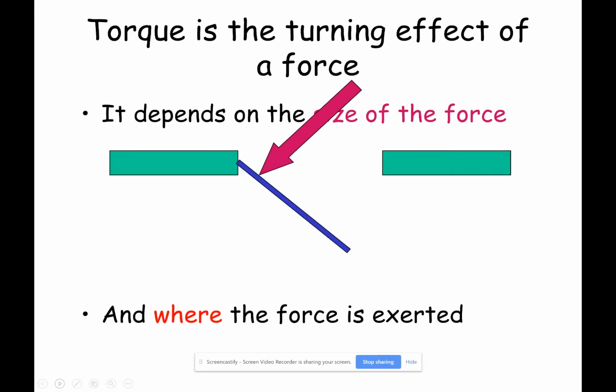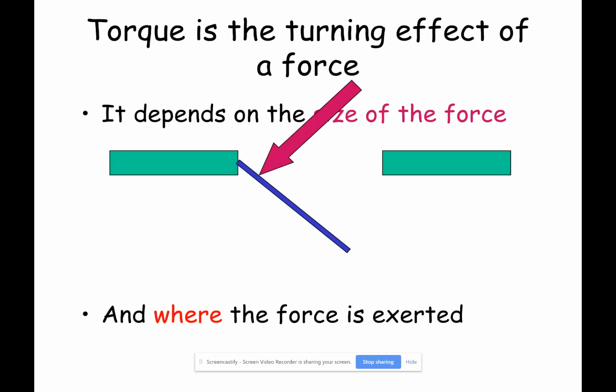Now, where do you think would be the easiest place to open said door? The arrow starts over here and slides all the way down there. Where would it be the easiest to open the door?